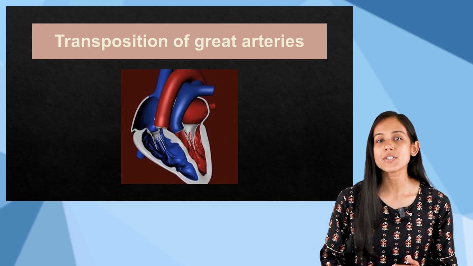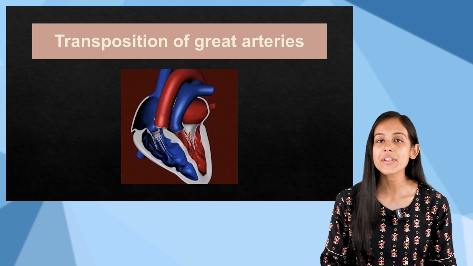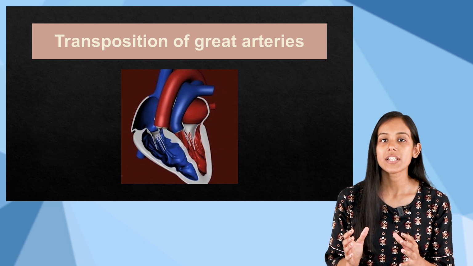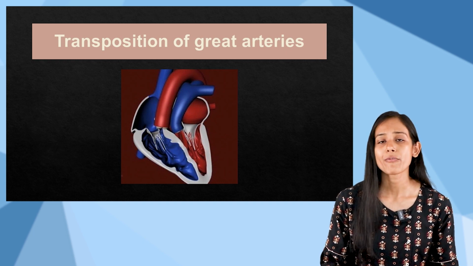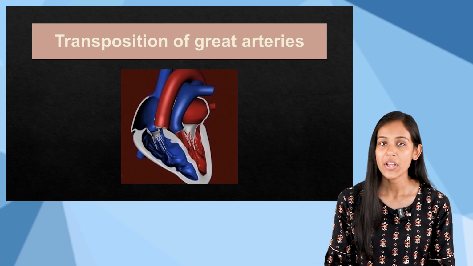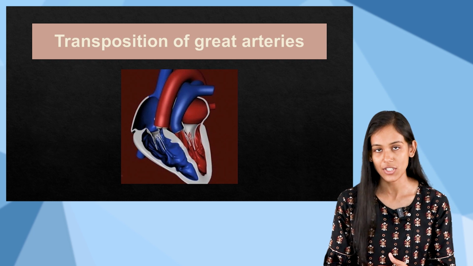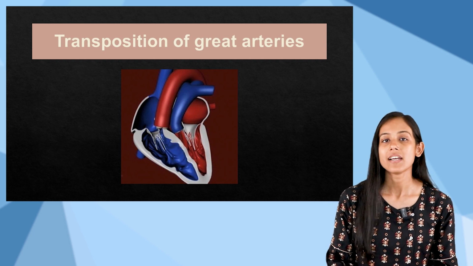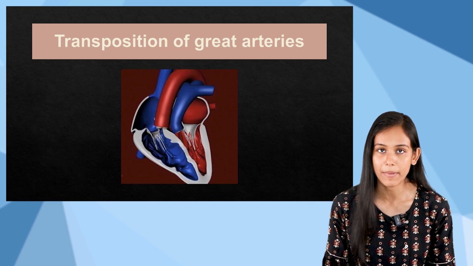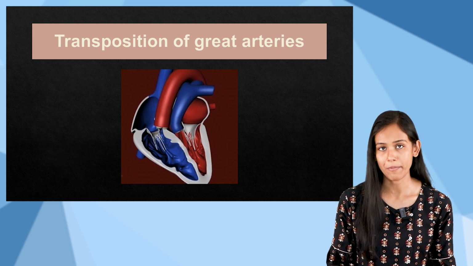For that, we need to look at the normal heart. Now we know that the pulmonary artery is connected to the right ventricle, from where it takes the deoxygenated blood and sends it to the lungs for oxygenation, right? This pulmonary artery carries deoxygenated blood, and that's very important to remember.